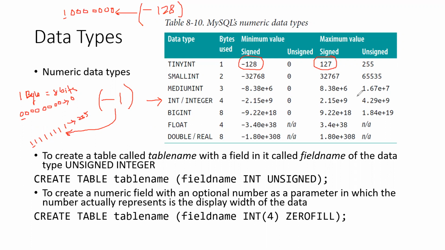And the range will be huge, right? You will see it's 10 to the power 9, the maximum integer value. So it's huge actually. The range of numbers you can represent using integer is high. So it depends on the situation. If you can find out the range of numbers, then you should do that.